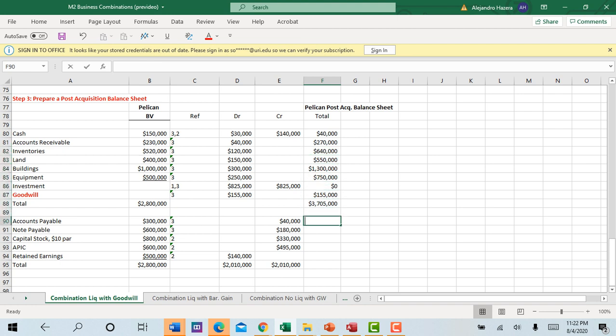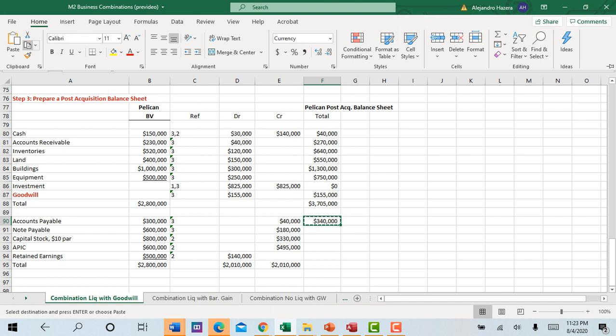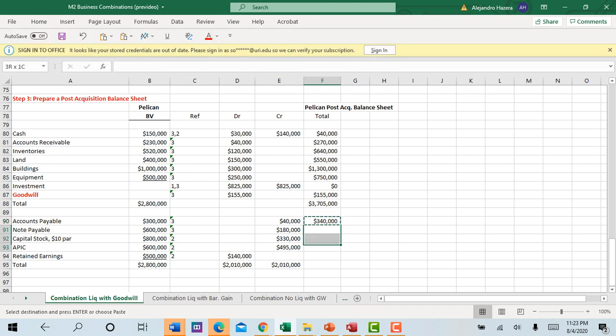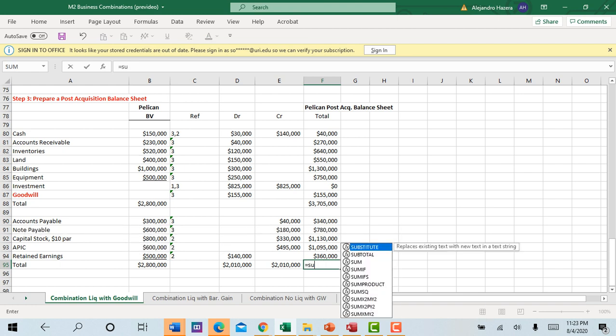I'm going to finish with my liabilities and shareholders' equity. Start with the original balance, add the credit because liabilities go up with credits, and then take that down. Okay, so 340 is the balance there, and then I'm just going to go ahead and copy this amount down to right here, all the way down here, 360, and then I'm going to see if those sum up to my assets.